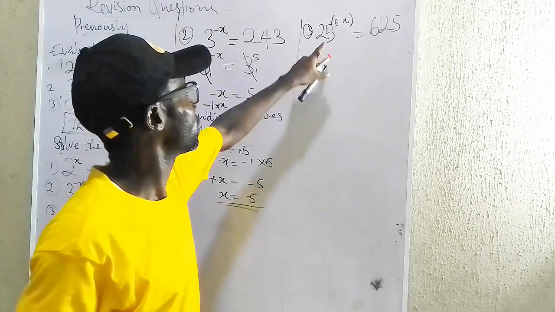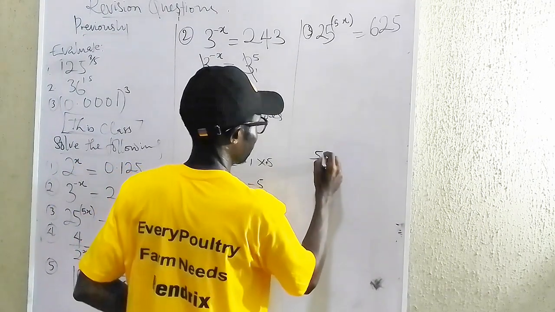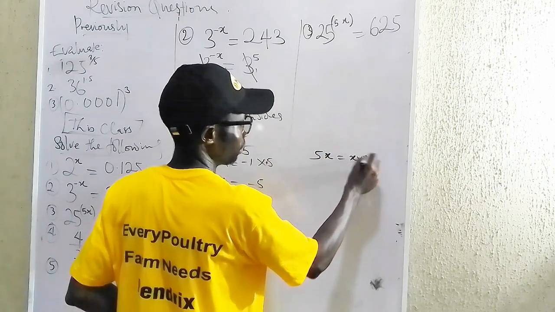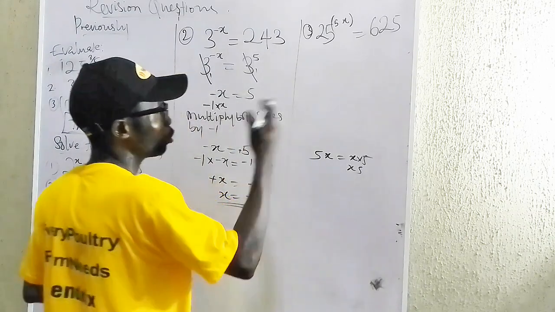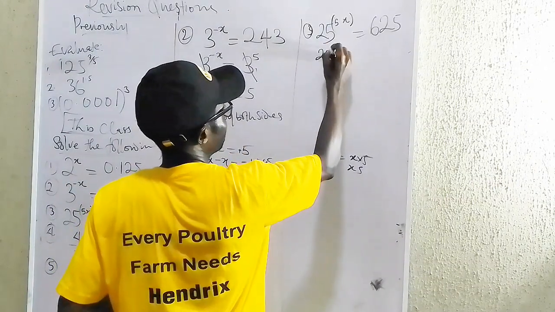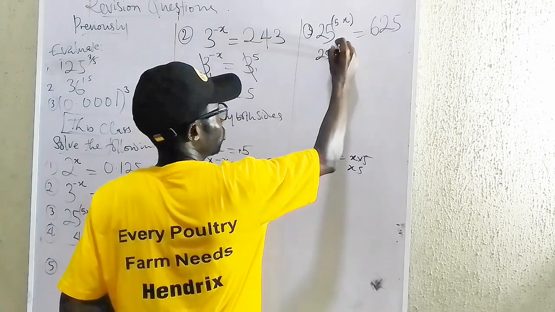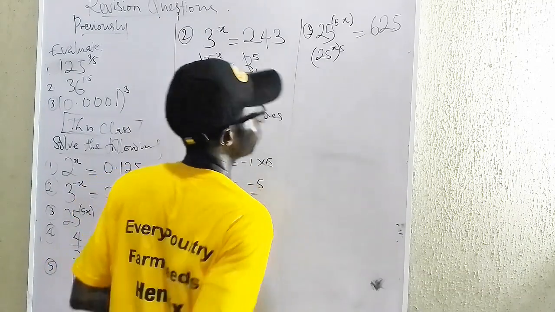Now, you need to make this look like this. Or, like I said before, 5x is the same thing as saying x times 5, or x5, right? So this is the same thing as saying 25 raised to the power of x5. And because there's a times, you can quickly just do it this way. And it goes.